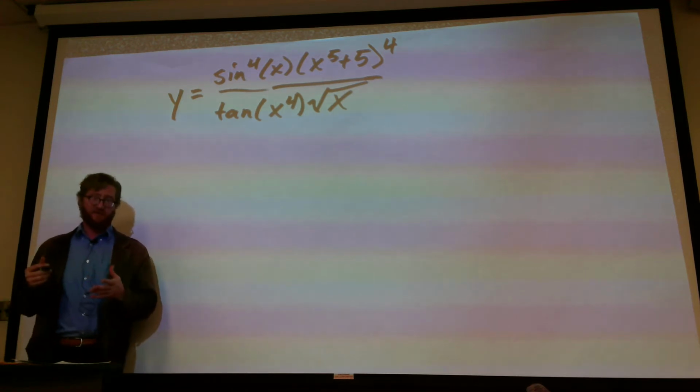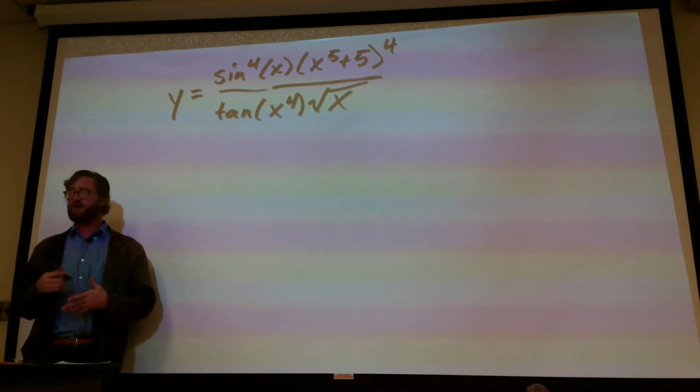Okay? So the first line is just take the logarithm. Show that you understand what the laws of logarithms are.